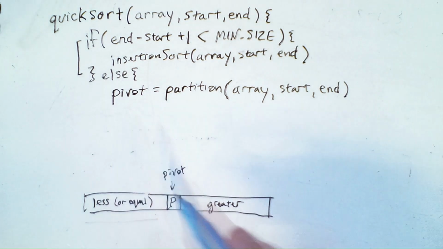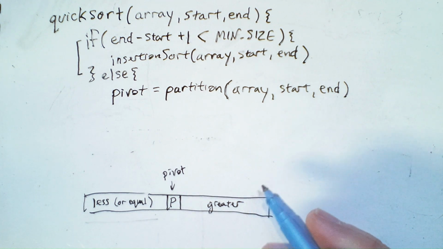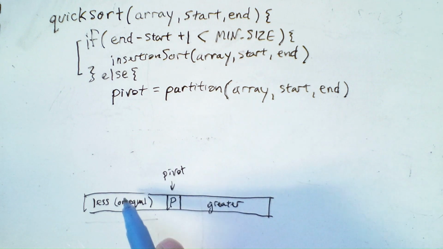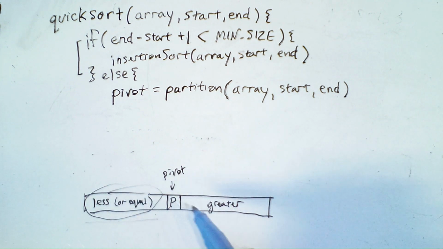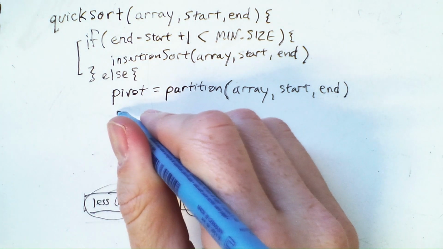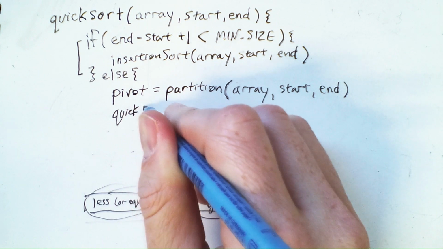So the pivot is the index in the array around which we're partitioning things. And so that means that all that's left to do is recursively sort the left half and recursively sort the right half.